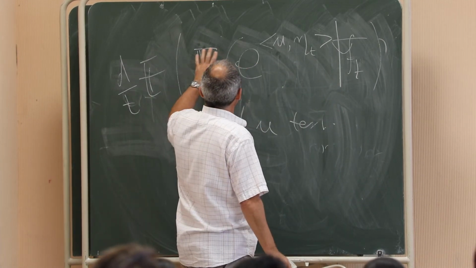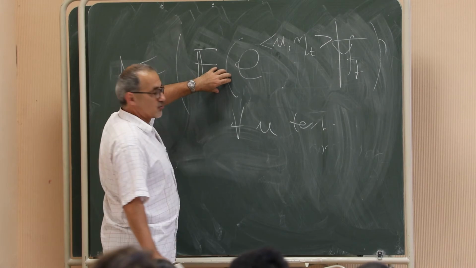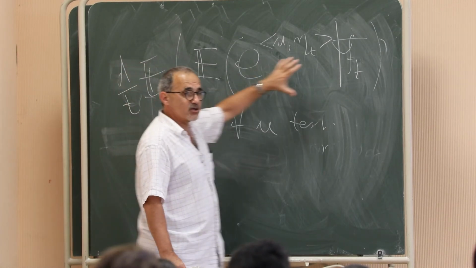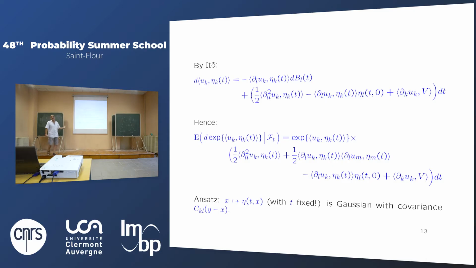Anyway, I make an ansatz for a Gaussian distribution. I make this equation and I find a closed equation. That's the miracle, that I find a closed equation for the second moment, right? It's not the case always. So this is indeed a coincidence of things. I will comment on that.